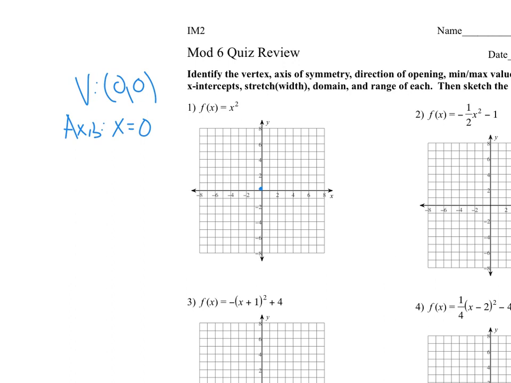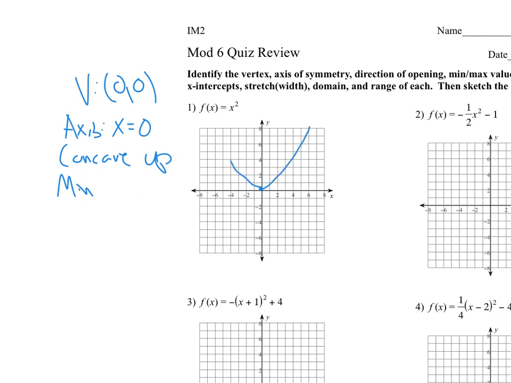Then we have direction of opening. So this is concave up. Since it is concave up, we then know that it is a minimum. And some of you struggle a little bit with whether it's a min or max, so it's easier to graph it first.